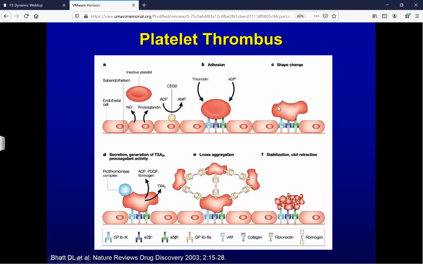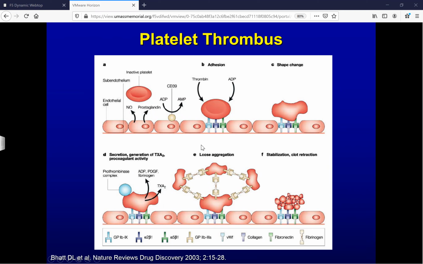The shape of the platelet changes and the platelet gets degranulated. When it gets degranulated, which is called platelet activation, then it starts aggregating. And then the clotting cascade starts at that time, and that leads to more aggregation and stabilization of clot. And eventually it retracts. So let's go over the different receptors here.